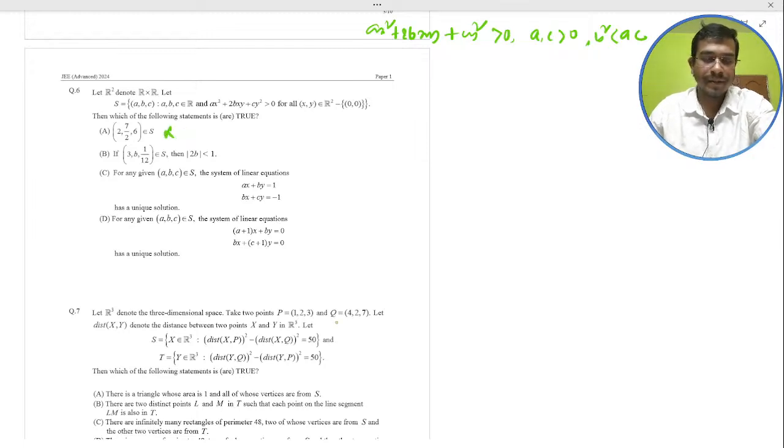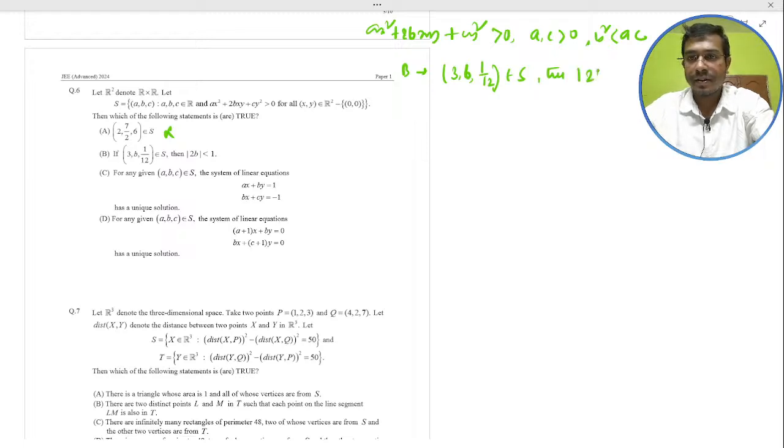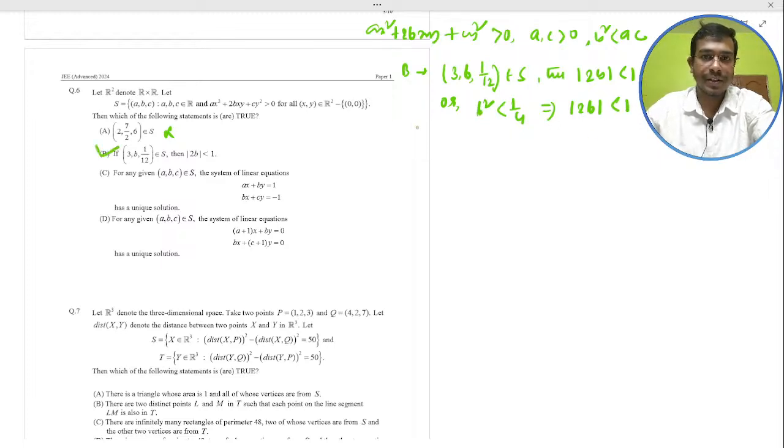Now check option B, that a, b, c is 1 by 12, this belongs to S. Then it is obvious that mod 2b is less than 1. That means b square is less than 1 by 4. This is equal to mod 2b less than 1. Option B is correct.